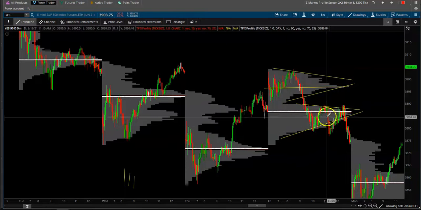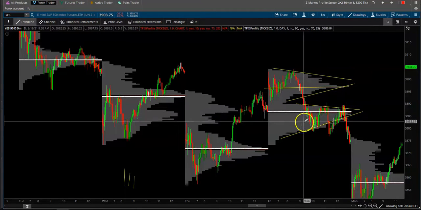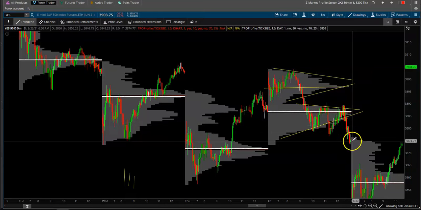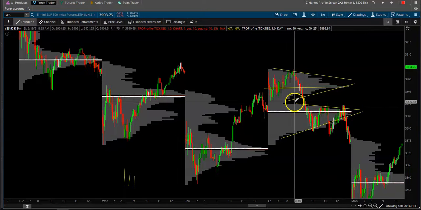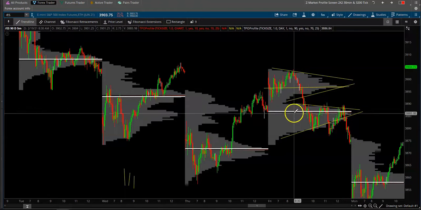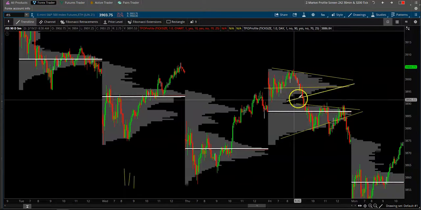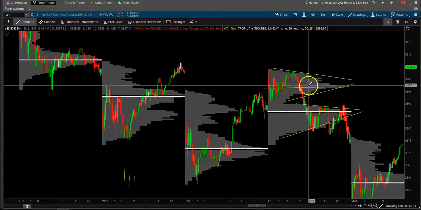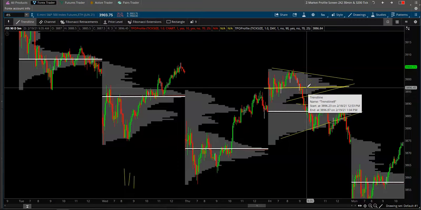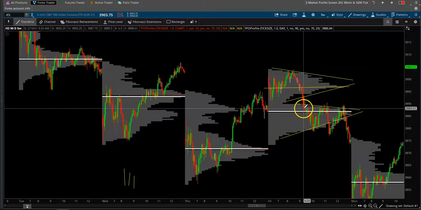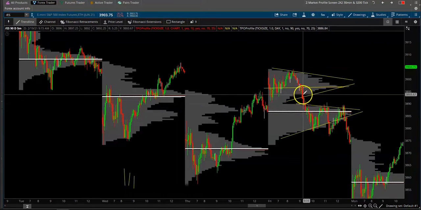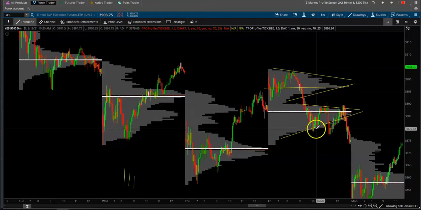And this is where price settled throughout the rest of the day, and then late in the day price fell. If you think about it, this white line was up here when we were just trading right here, the highest volume node. Then price fell, looking for buyers, and it finally found buyers.